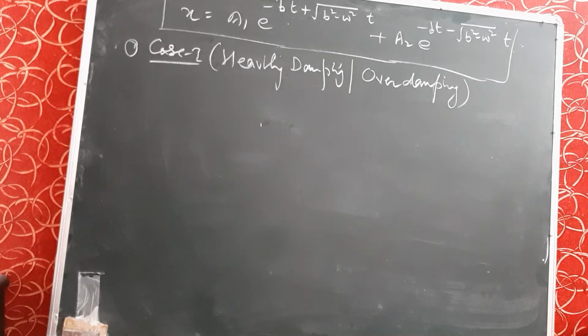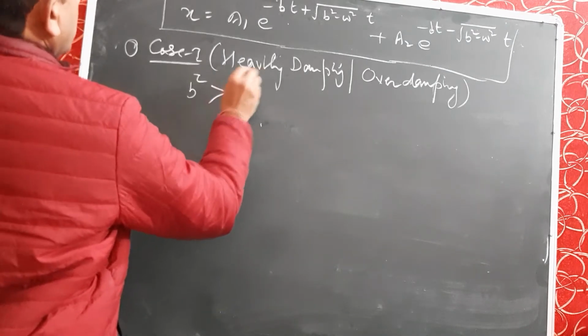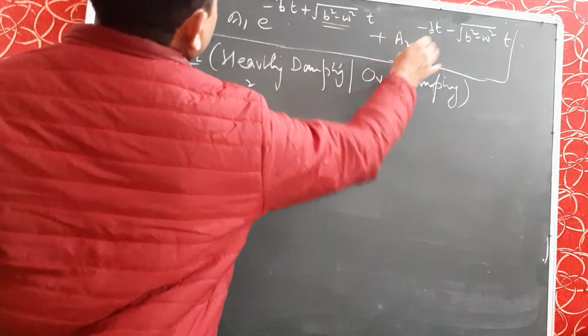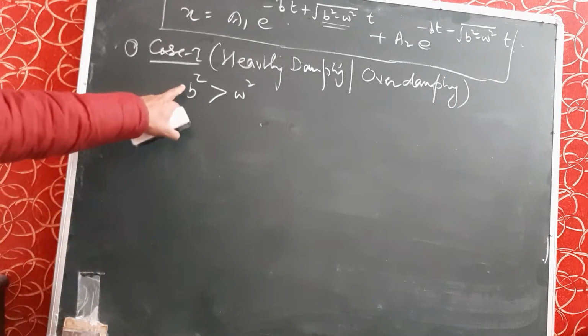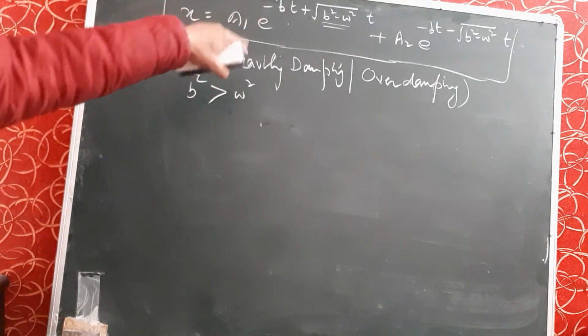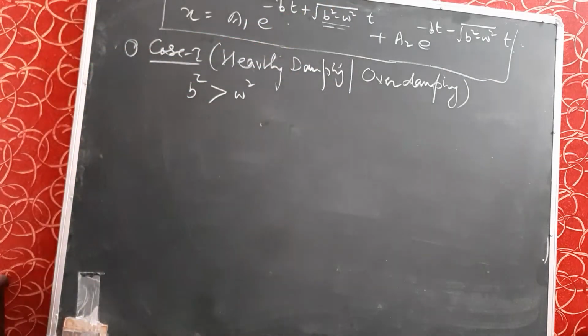It is the damping in which b square is greater than omega square, that is, the value within the square root, b square minus omega square. If b square is greater than omega square, then this value is positive and the square root of a positive term is real, and we will get the answer which is totally real in nature.